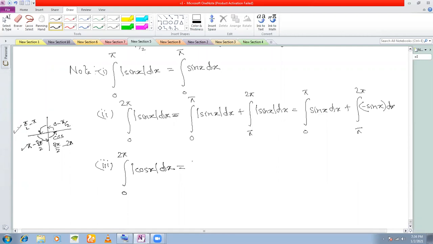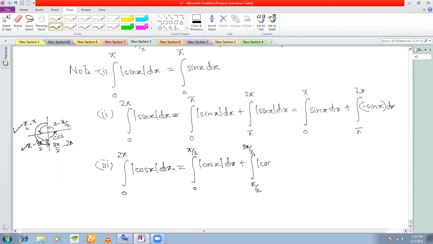So what I'll do is take my limits. The first limit I'll take from 0 to pi by 2, because cos is positive here, mod cos x dx. Next, cos is negative here and cos is negative here, so my next limit will be from pi by 2 to 3 pi by 2 directly, this entire part.